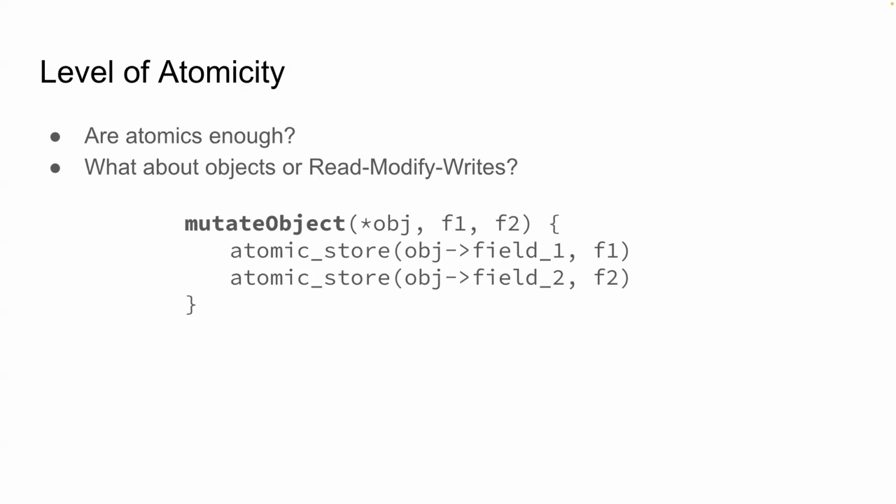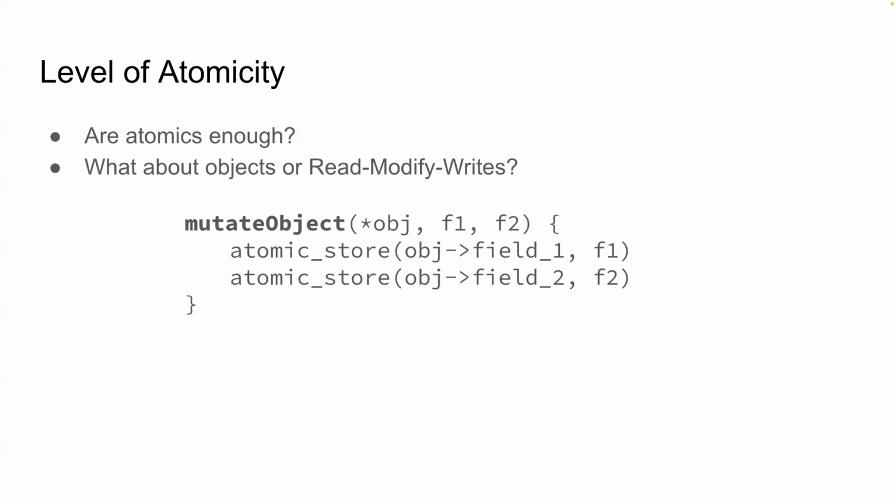It takes an object and takes in two values for two fields, and it sets field 1 of the object to F1 and field 2 of the object to F2. Each store individually is atomic, right? So if some object calls atomic store field 1 to F1, it will be set to F1. It won't get interrupted, right?